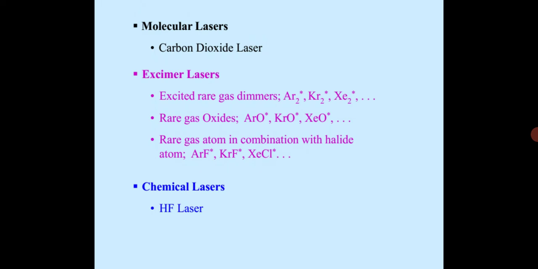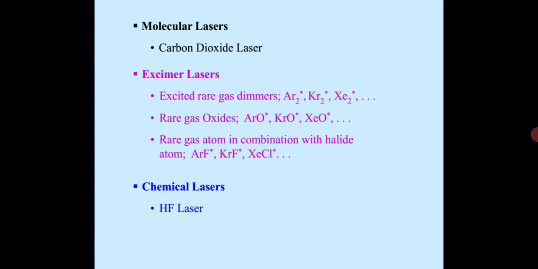Some are also described as molecular laser, that is carbon dioxide laser. Carbon dioxide laser can also be called a gas laser, but it is particularly called a molecular laser. There are again some types, that is excimer lasers.